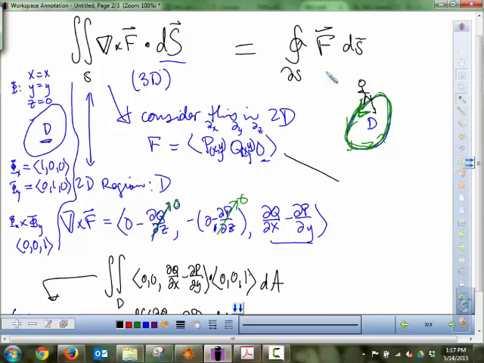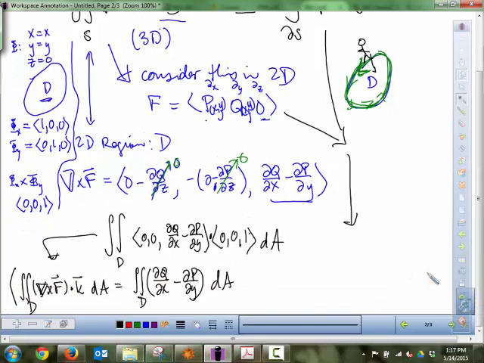And if we use this F as P and Q, and then the ds is the x prime and the y prime, then that all just kind of simplifies, because there's a lot of different ways to write our line integral. That then just simplifies to the boundary of D, a closed line integral of P dx plus Q dy.